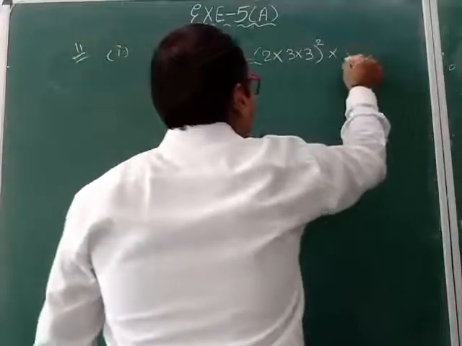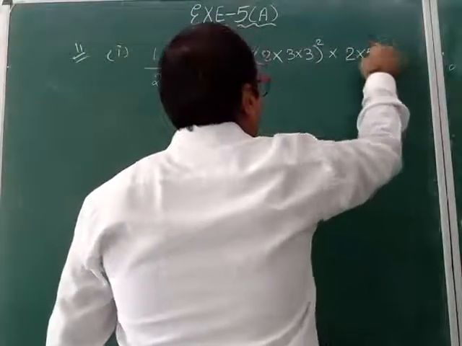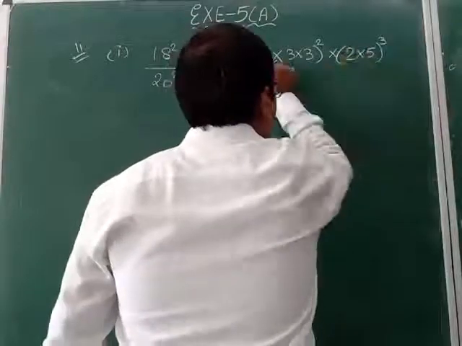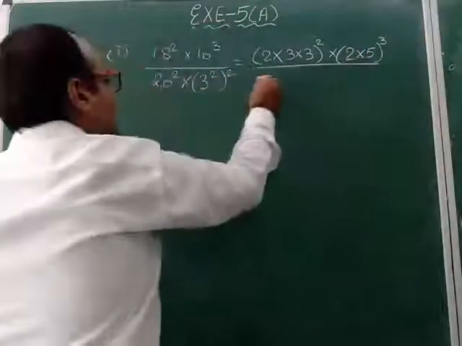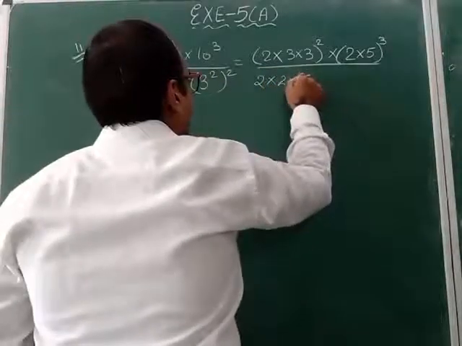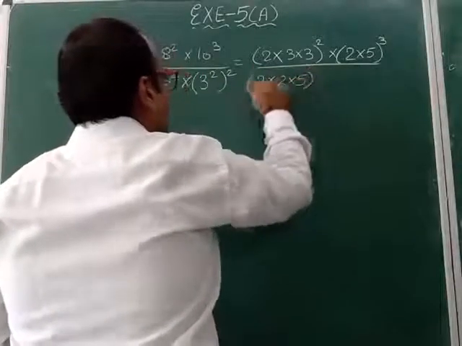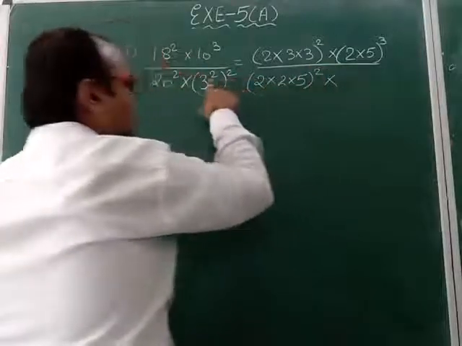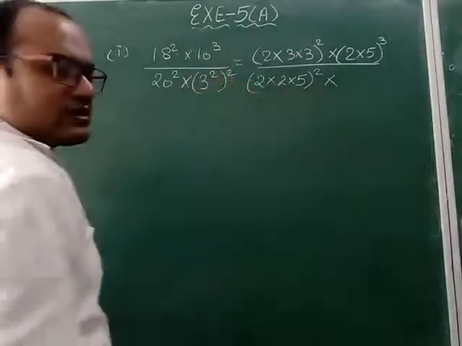The prime factors of 10 are 2 and 5, that whole power 3, upon the prime factors of 20, 2 multiply 5 whole power 2. One power is inside and one power is outside.